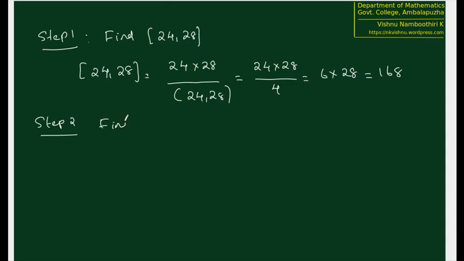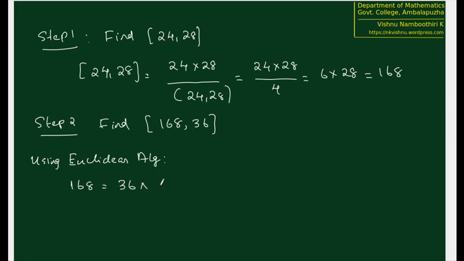For that, we need to find the GCD of 168 and 36, and we are going to use the Euclidean algorithm. 168 is equal to 36 into 4 times, so 144, and the remaining is 24.